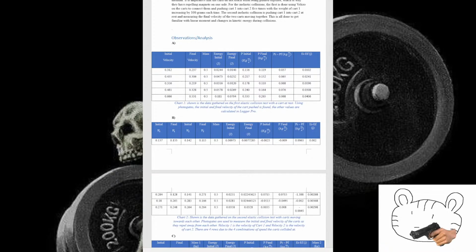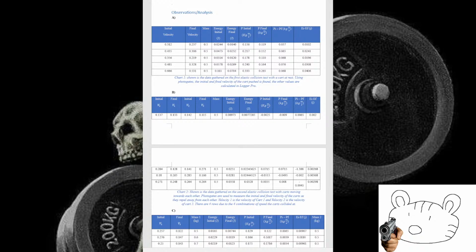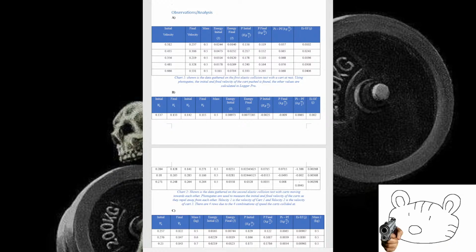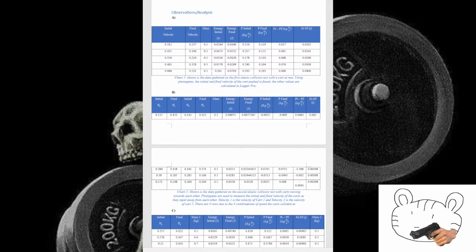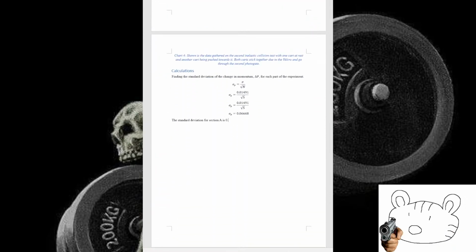Great, now I need to find the average value. I think it should be on the Logger Pro. Mean 0.6294.